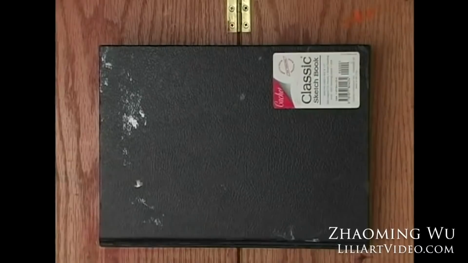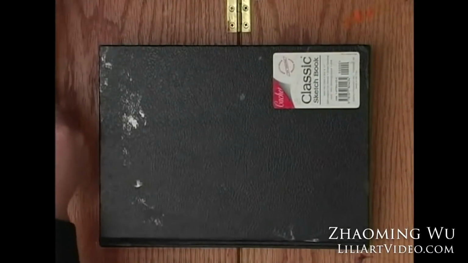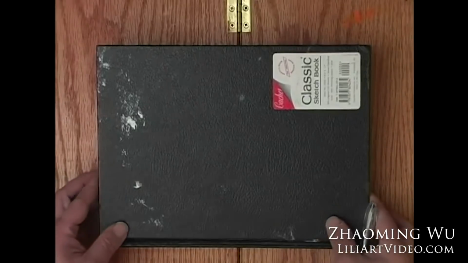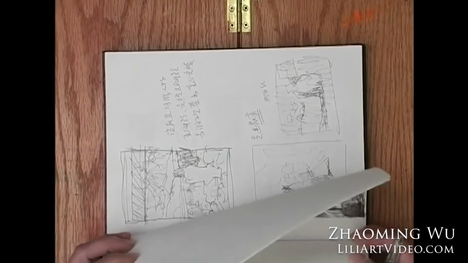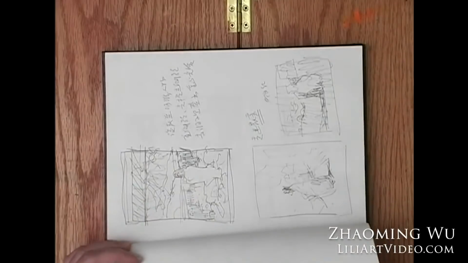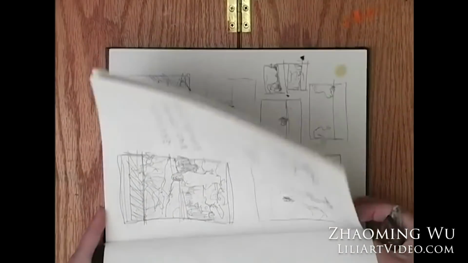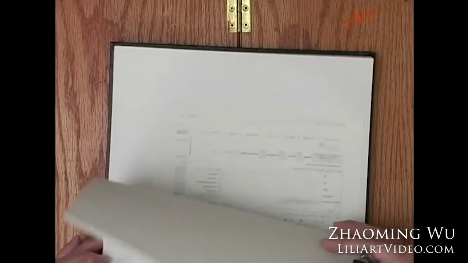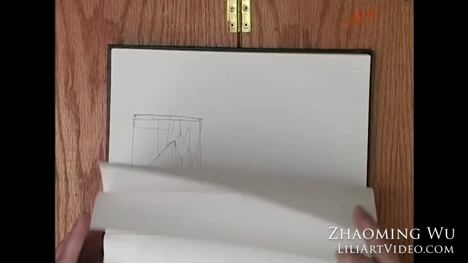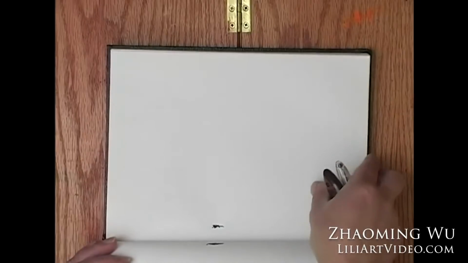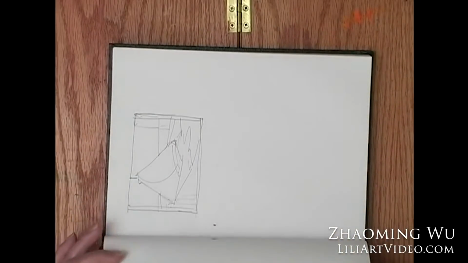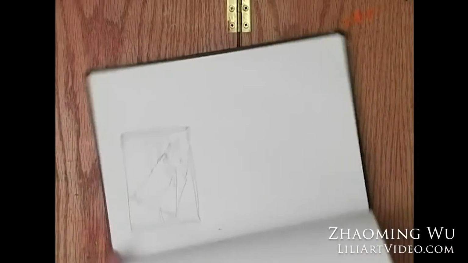Before starting to paint, I normally work on a thumbnail sketch, which is based on the photo reference, to compose the painting. A thumbnail sketch only considers the basic shape.